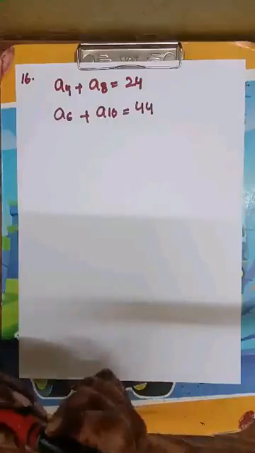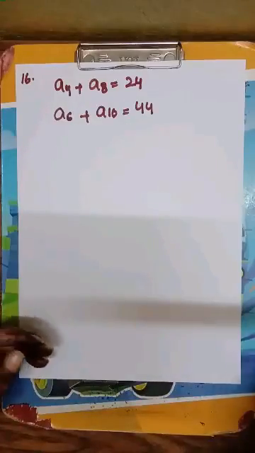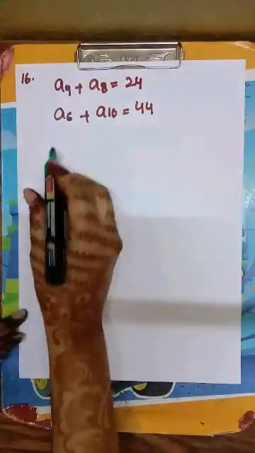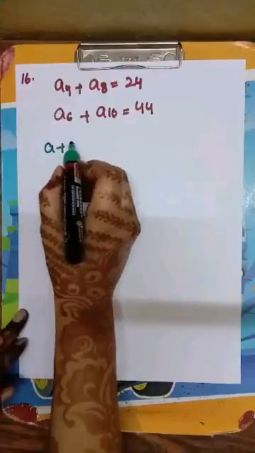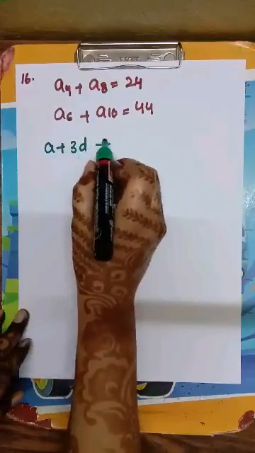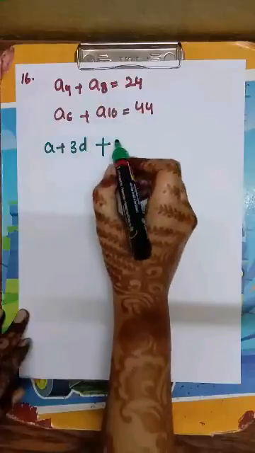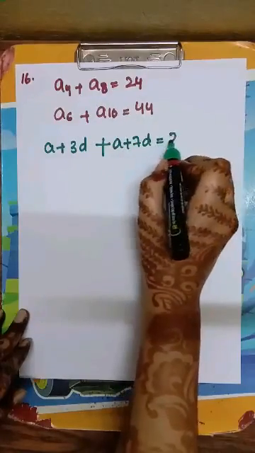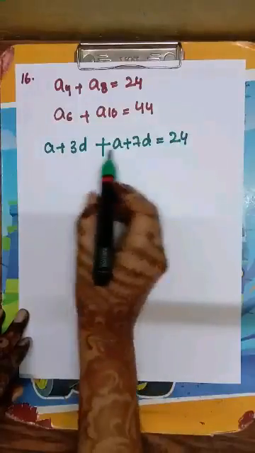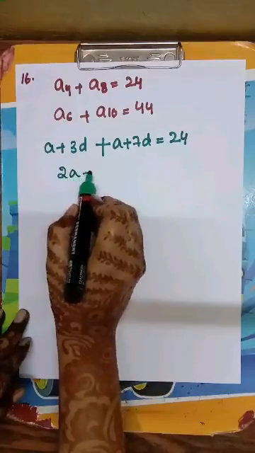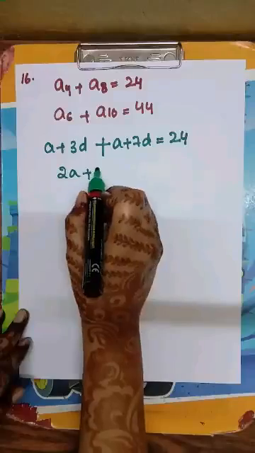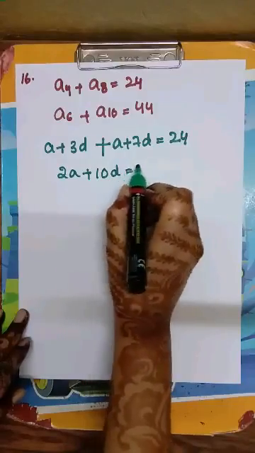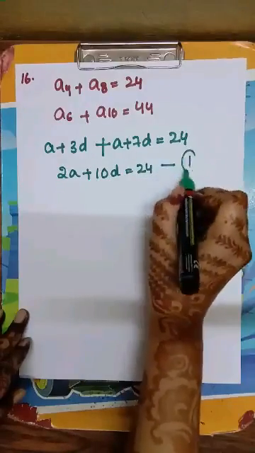Find the first 3 terms of the AP. The 4th term formula is A plus 3D, plus the 8th term formula A plus 7D is equal to 24. A plus A is 2A, 7 plus 3 is 10D, equal to 24. This is your equation 1.